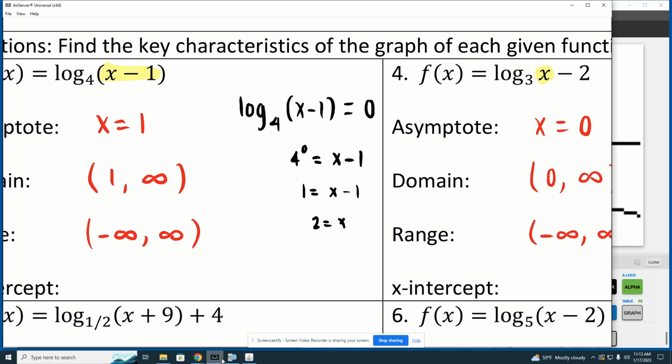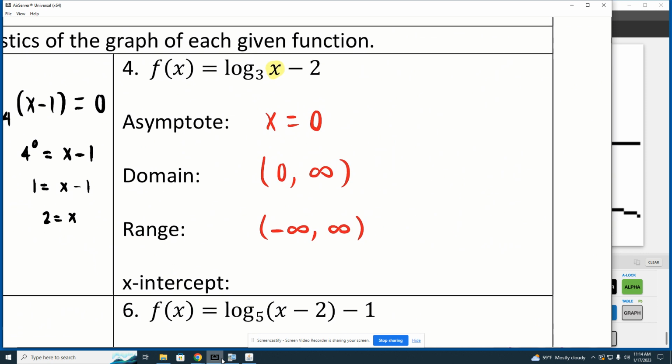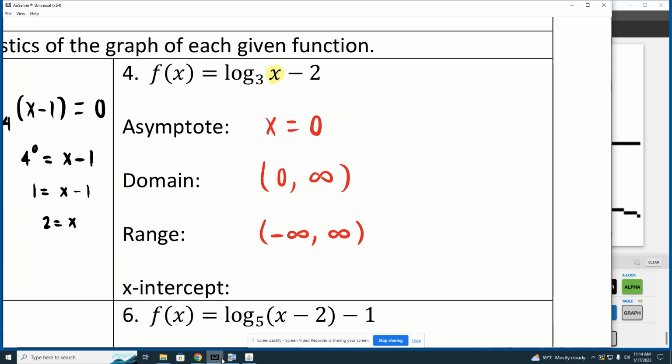So guess what my x-intercept is? 2, 0. 2, because that's what we just got when we set y equal to 0. 2, 0. And that's it. That's how you can do that with a calculator, and you would have, I promise, gotten the same thing. Did anybody happen to graph it? What did it say? Where did it cross the x-axis? 2, 0.